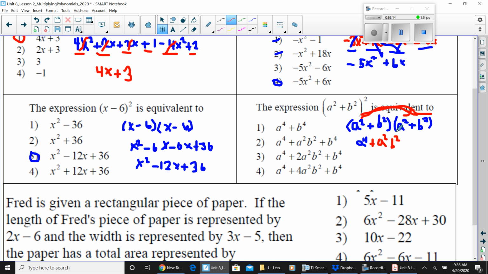And b squared times a squared is again, and I'm just going to put that in the same, with a squared first and then the b squared second. It doesn't matter if you have b squared times a squared or a squared times b squared. Multiplication is commutative, so it does not matter. And then you have b squared times b squared again, and that is b to the 4th.